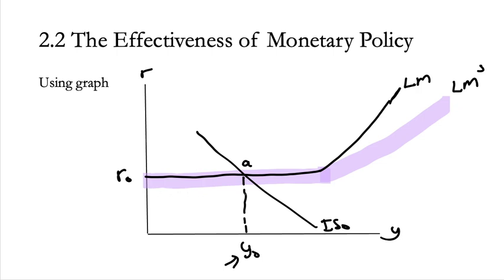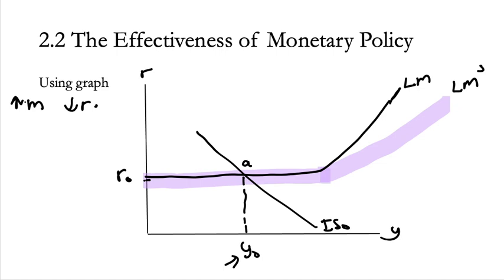So this is the issue of liquidity trap, in which we hope that an increase in money supply could reduce the interest rate, but the reduction in interest rate is very marginal, it moves lower like this only a little bit.